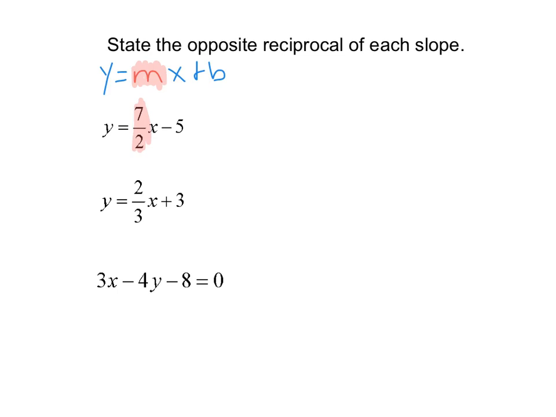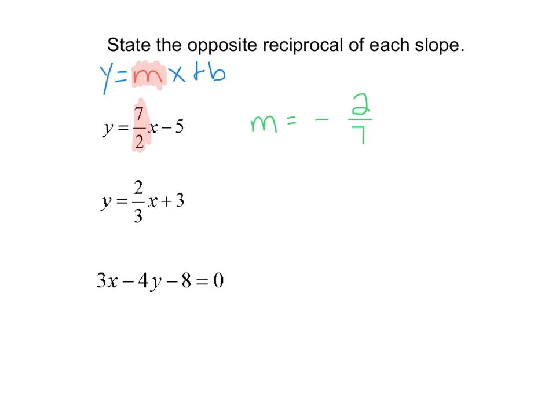So now if you want to take the opposite reciprocal slope, it's going to be negative because 7 over 2 is positive, and then the reciprocal of 7 over 2 is 2 over 7. Okay, the next one, y equals 2 over 3x plus 3.